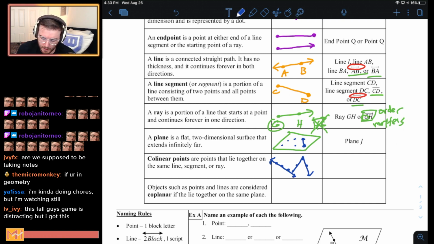Objects such as points and lines are considered coplanar if they're together on the same plane. So you can have multiple planes. So here's a plane, and all of these objects are on it. But I can have another plane, and there can be objects on that one, right?